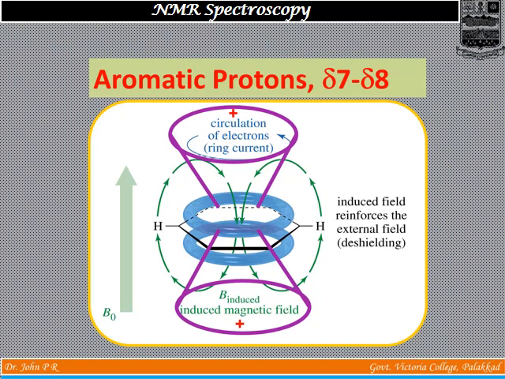So we can mark the movement of the pi cloud as a blue ring above and below the benzene ring. And the magnetic field induced is perpendicular to the movement of the electrons, or this ring current. And the green lines represent the magnetic lines of force.